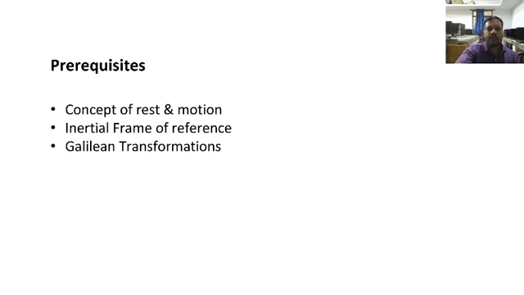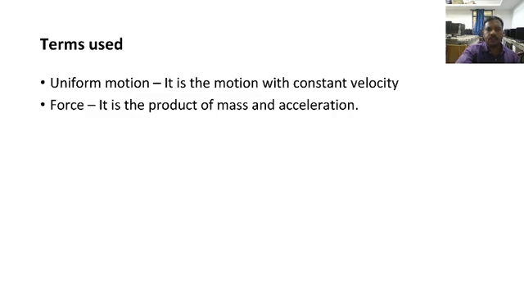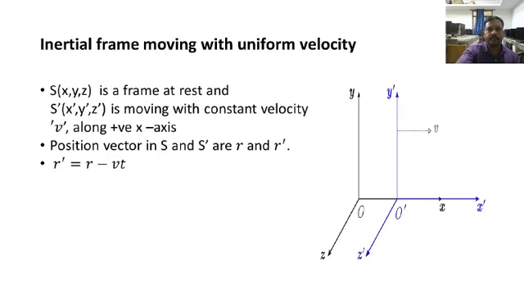Concepts of rest and motion, inertial frame of reference, Galilean transformations. The common terms used here are motion with constant velocity and force, which is the product of mass and acceleration. So, inertial frames moving with uniform velocity.